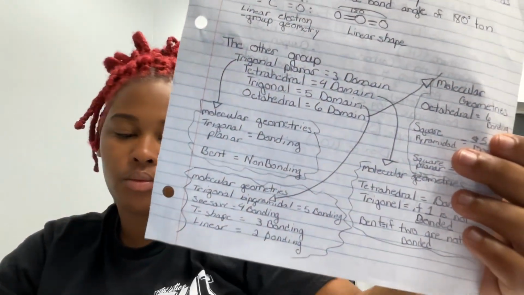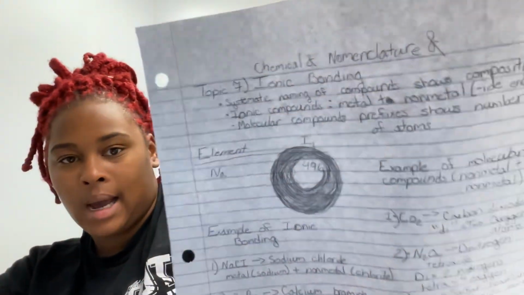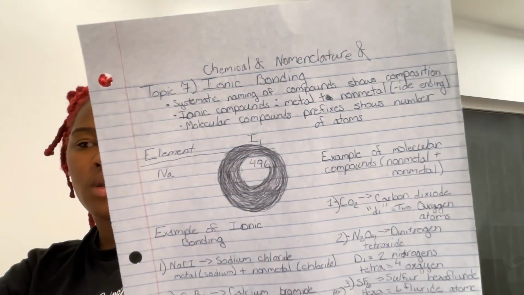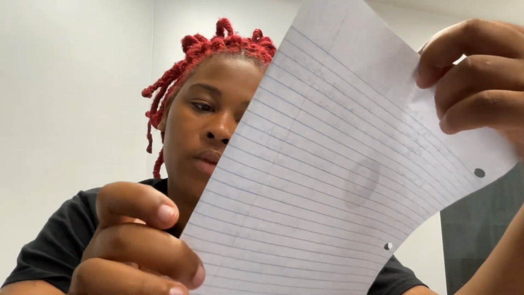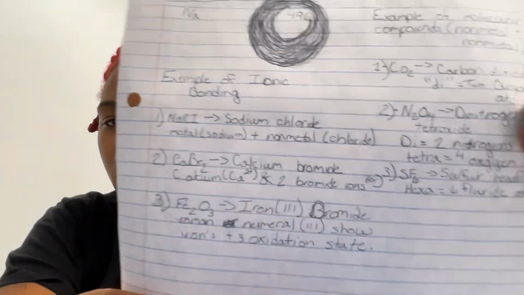Now, the second topic will be about bonds, more bonding, ionic bonding, and chemical. The chemical one is a system of naming a compound, and then the ionic is a metal and non-metal. It's a metal and non-metal coming together to make up compounds, with prefixes showing the number of atoms. So here are 3 examples for each one.